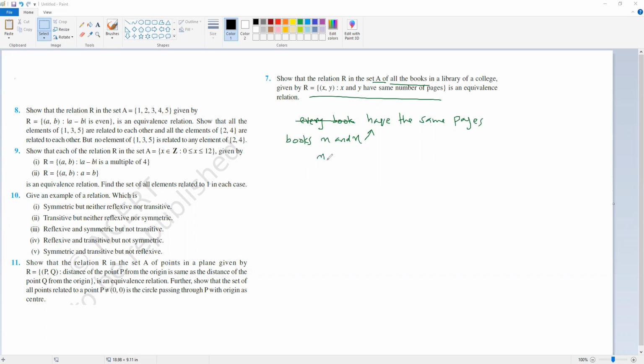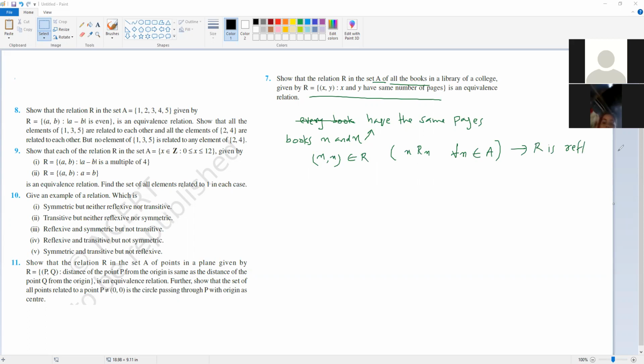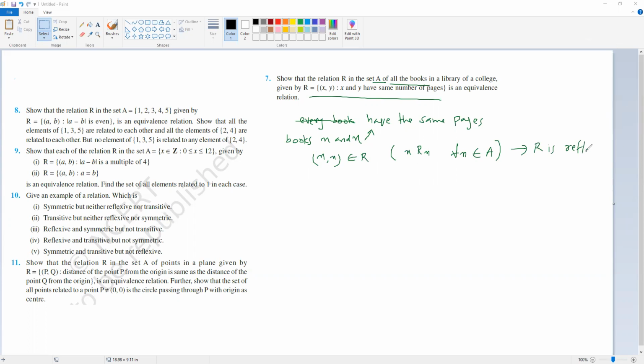So that means (x, x) belongs to the relation. And you can also say x is related to x for all x in the set. Your set is A. So that means R is reflexive. Now is it symmetric?